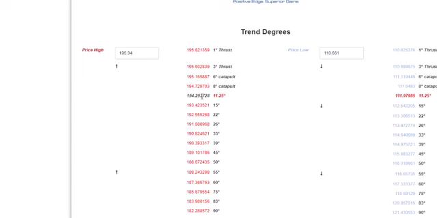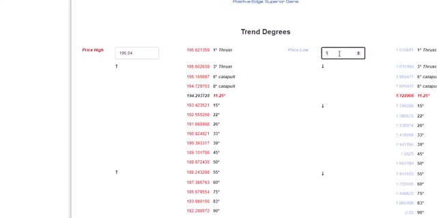And what about the upside? What do we have to get through if I'm just using trend degrees? Well, the recent low I got is 194.70.